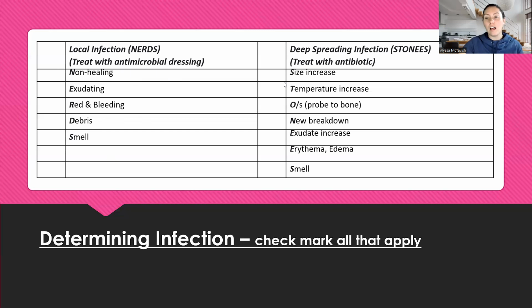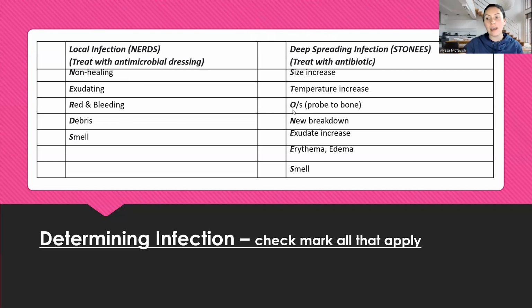Okay, same goes for deep spreading infection, so your Stonies, and this you would treat with an antibiotic. Okay, local infection you can treat topically. Deep spreading infection you always treat with antibiotics, and I always personally treat with a topical. Okay, so with that said, you still need 3 of these to have a clinical infection.